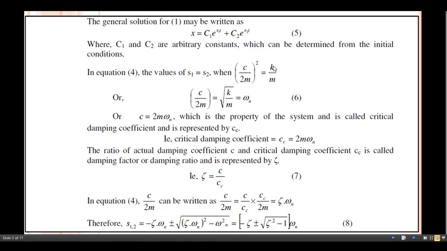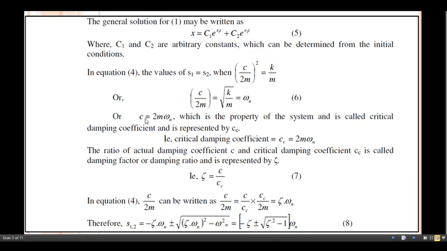We know the meaning of this k by m. If I take the square root from both sides, what do we get here? c divided by 2m equals square root of k by m. This is nothing but the natural frequency of the given system, which we indicate by omega n. Give equation number next for this one.